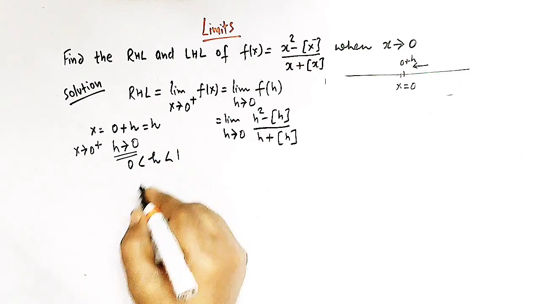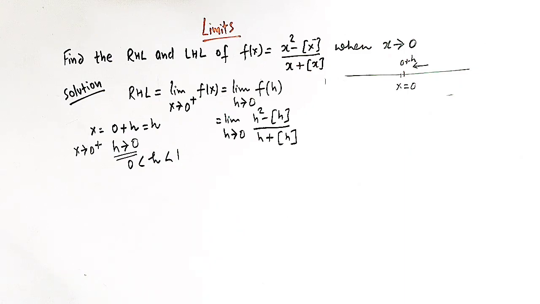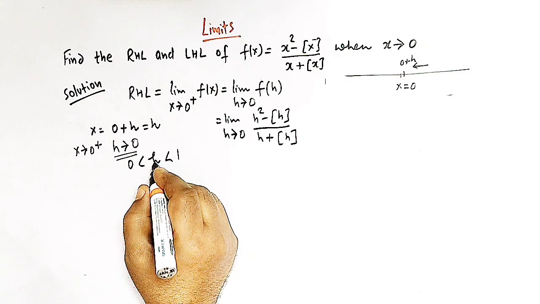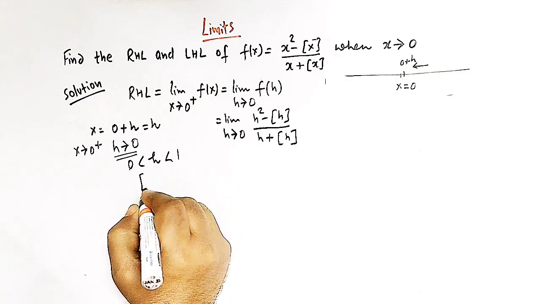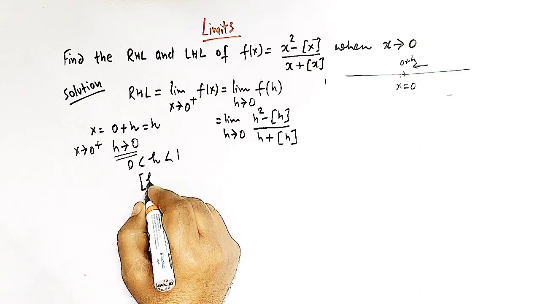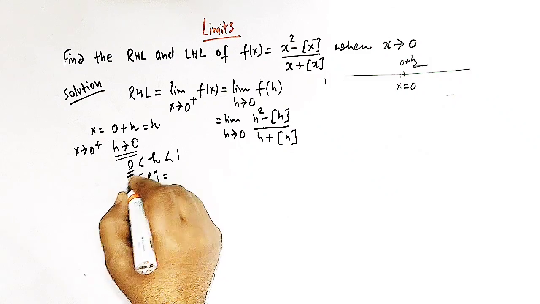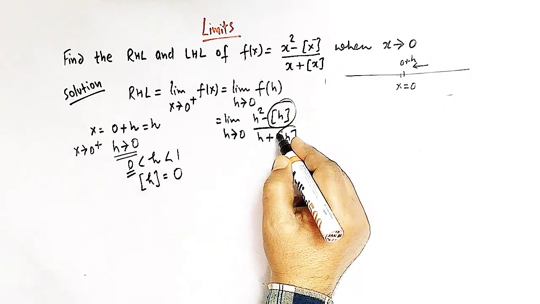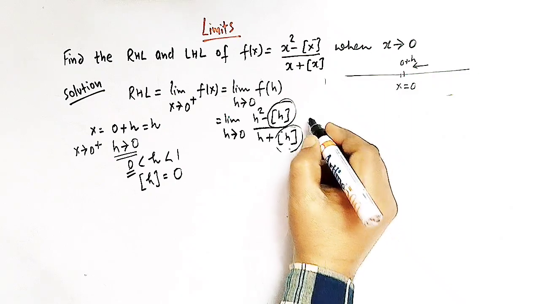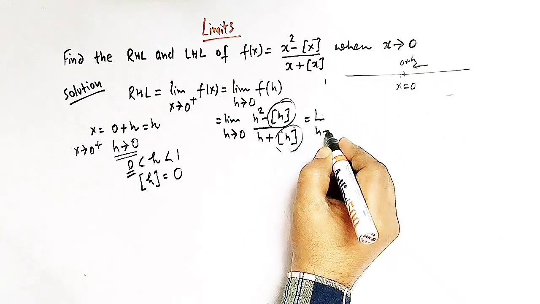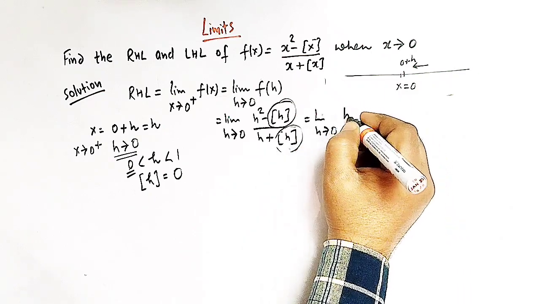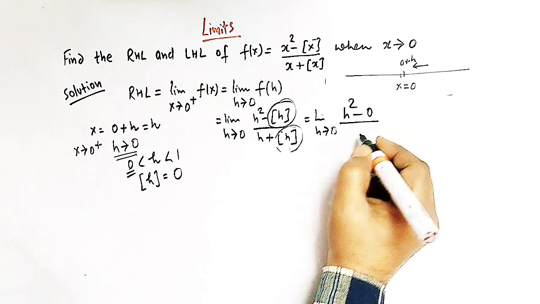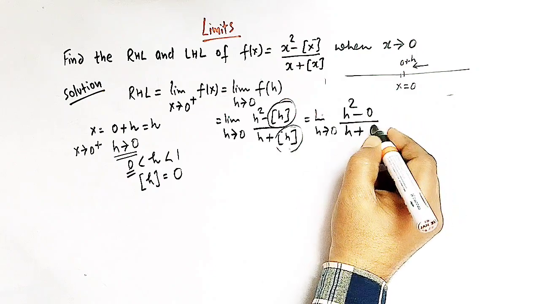Here this h is very small, right? So h lies between 0 and 1, so the greatest integer of h should be equal to 0. So here we have 0, and here also we have 0, right? So we can now write limit h tends to 0, h square minus 0, and then we have h plus 0.